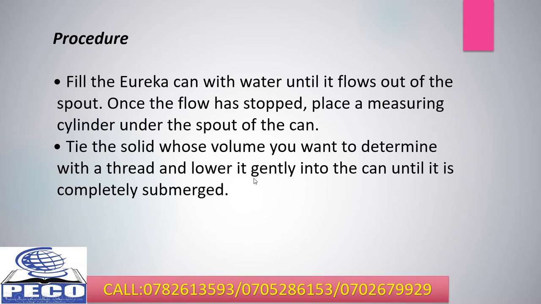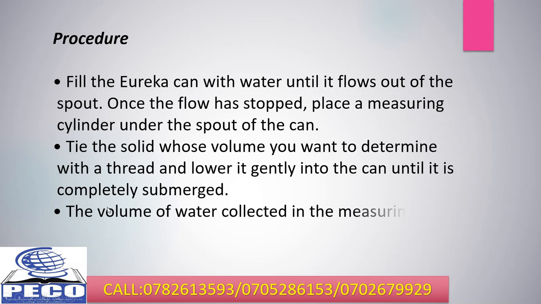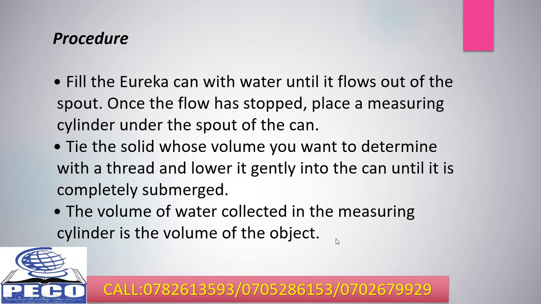Again, lower it gently, don't just throw it in there and then the water jumps out. There will be some errors. So the volume of water collected in the measuring cylinder is the volume of the object that has been submerged. That is a simple experiment you can do to determine the volume of an irregular object.